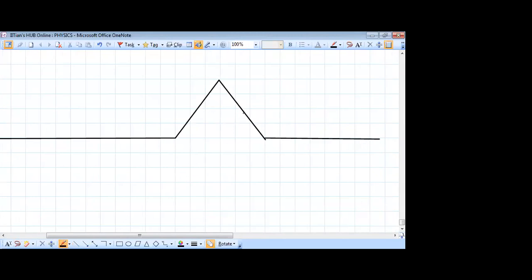Then at 2.1 seconds, the boundary is somewhere here. So the reverse pulse, you will see that the imaginary reverse pulse would be like this.